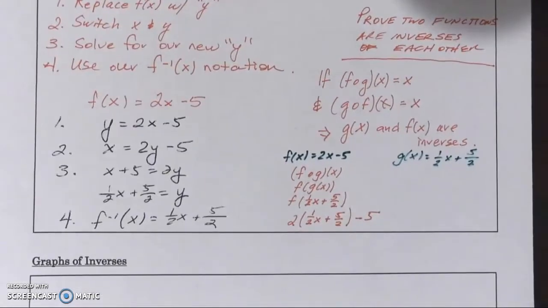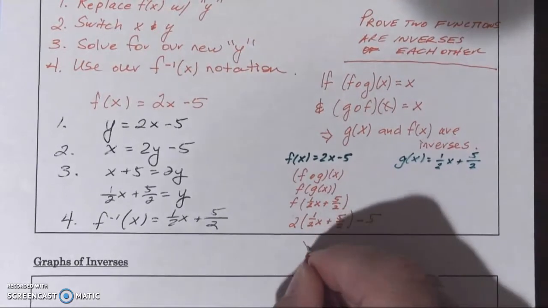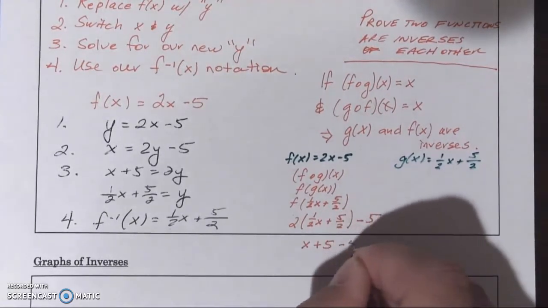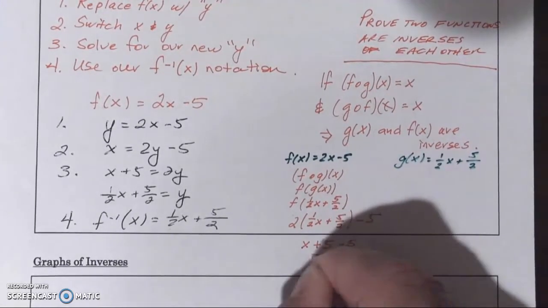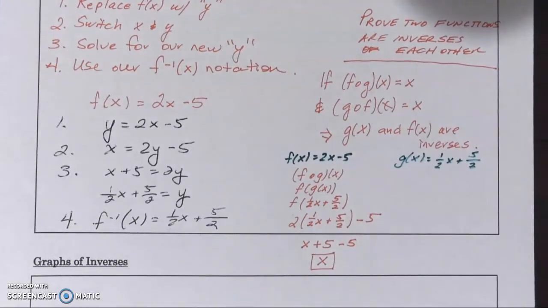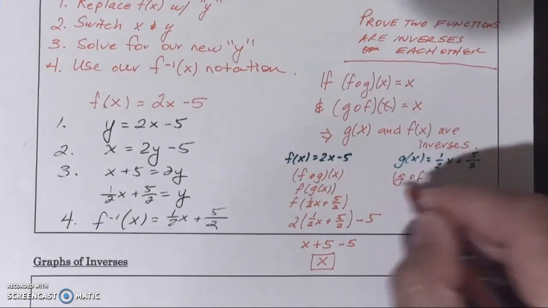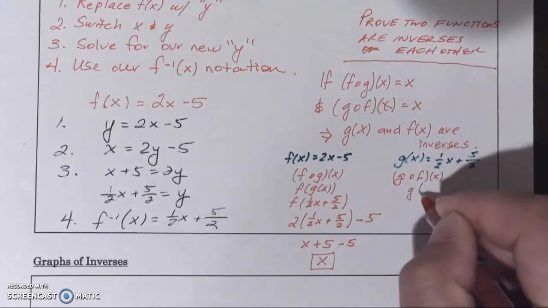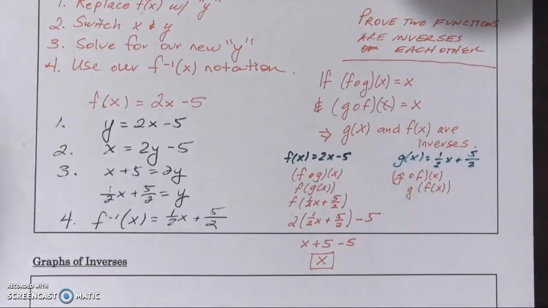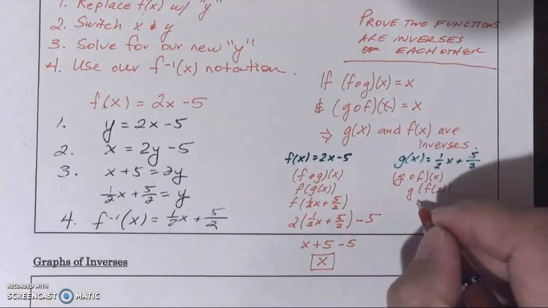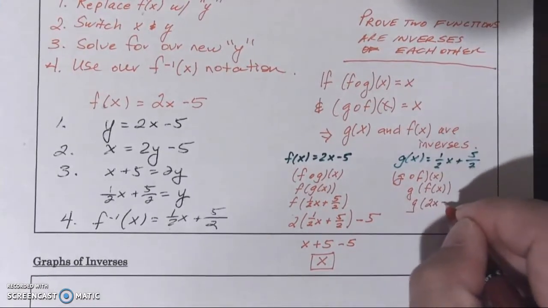Let's continue on with our algebra here. We distribute. I get x plus 5 minus 5. Those cancel. I'm left with just x. So f of g of x equals x. We're off to a good start in terms of proving this. Now I'll do g of f of x. I rewrite it with the notation we talked about in the previous video. F of x is 2x minus 5.